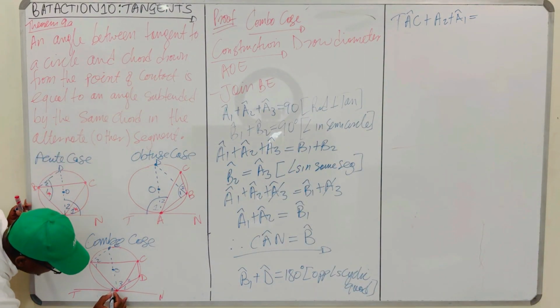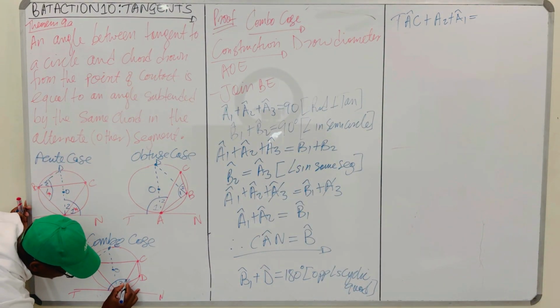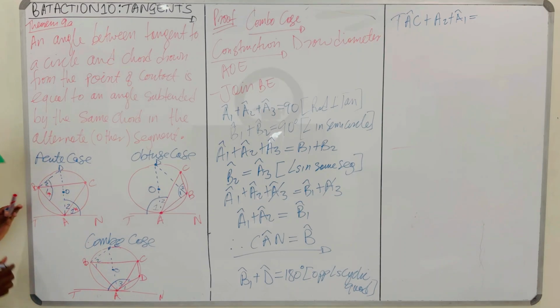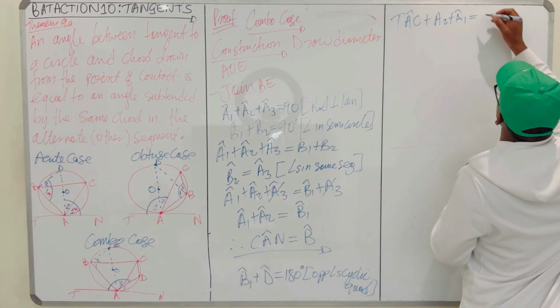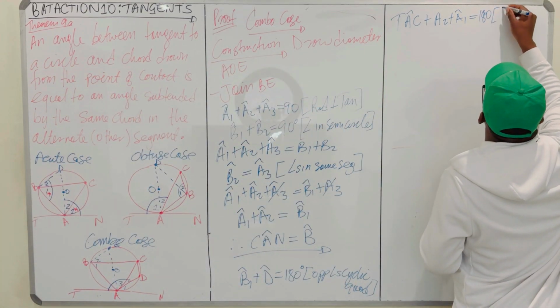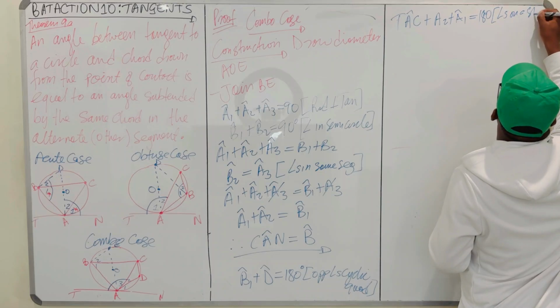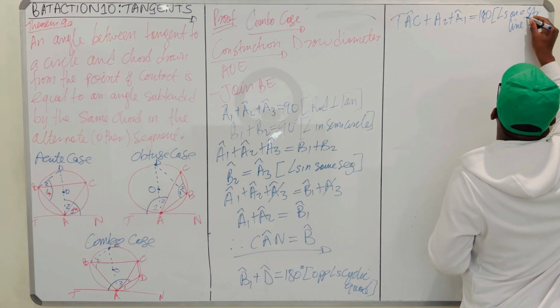TAC is this angle here, and you add A2 and A1. You get 180 degrees. What is the reason? These are angles on a straight line. Are you with me?